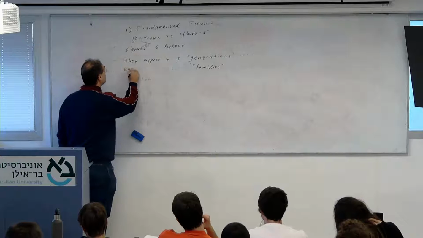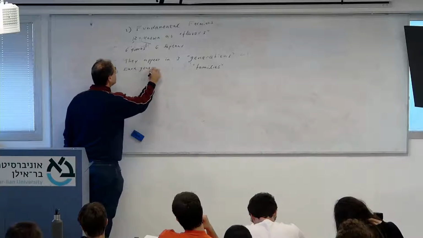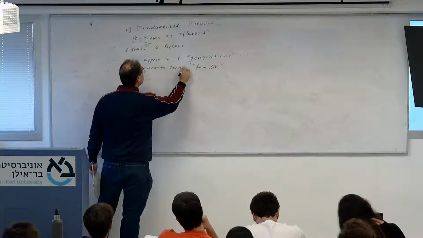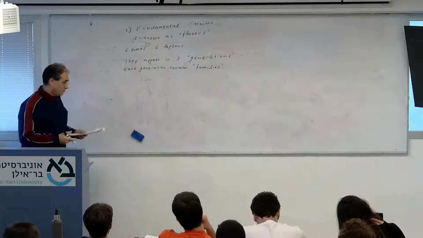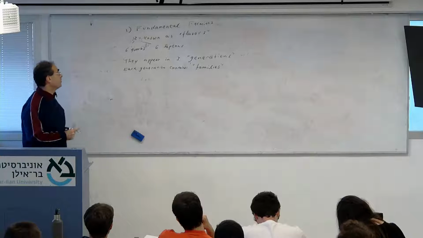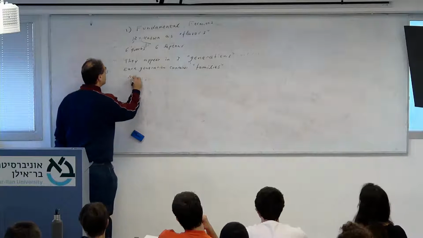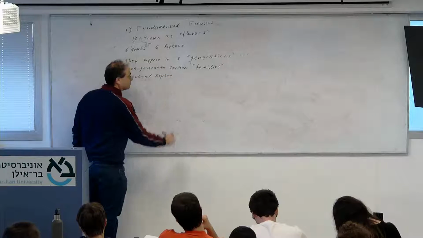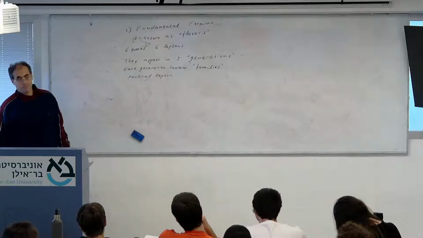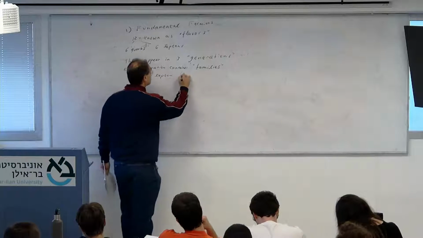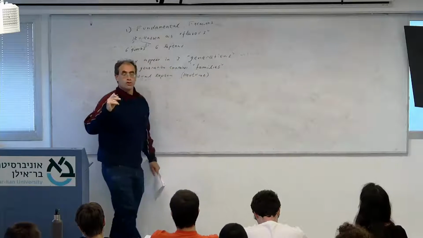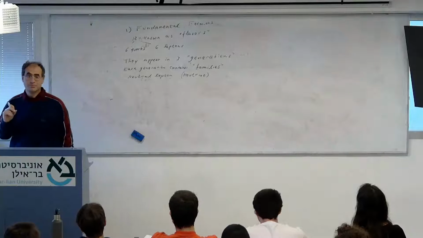Each generation contains 1 neutral lepton, that's a neutrino. Don't get confused with a neutron. There is a neutron and a neutrino.